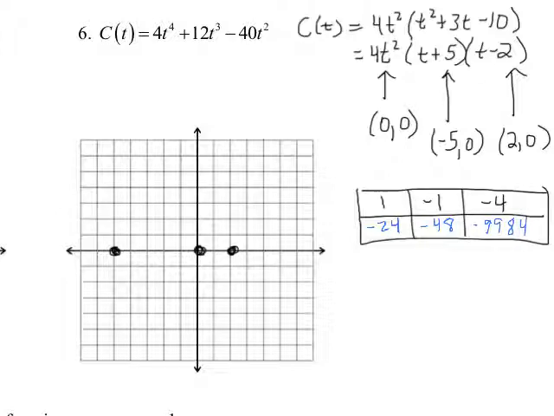And obviously, that's going to be way off the grid, far down there, but I do know that I'm going to have something which is shaped generally like this. I have the double multiplicity right there, so that's this point.